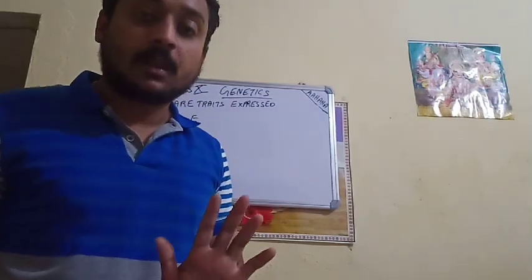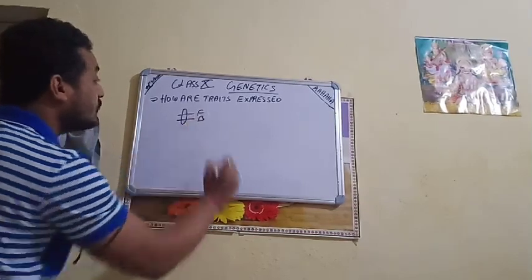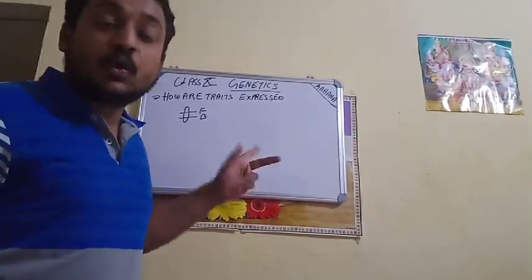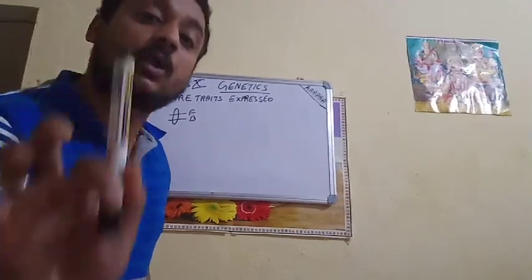Now, it may be possible the fair is dominant over the black or the black is dominant over the fair. Out of these two, the one which is dominant, the particular child will show only that one.